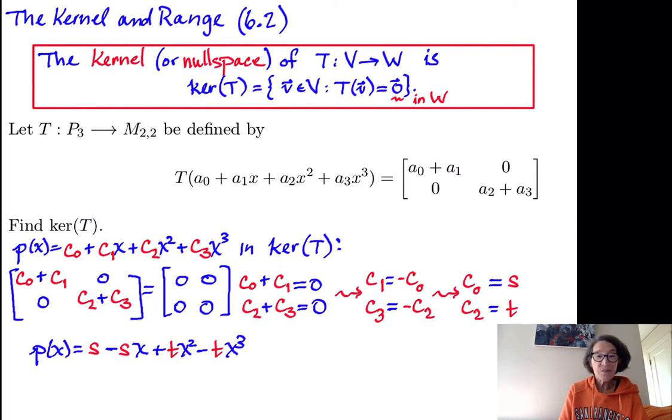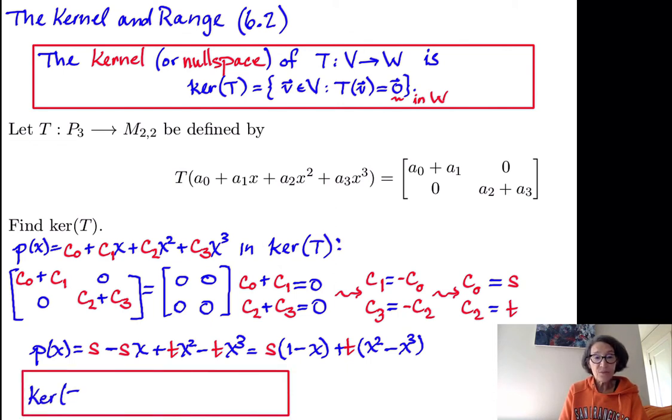And then we can rewrite this polynomial as a linear combination of two polynomials. So we can write it as s times the polynomial 1 minus x plus t times the polynomial x squared minus x to the third. And we now have a basis for the kernel. So the kernel of the transformation T is the span of the two polynomials 1 minus x and x squared minus x to the third.